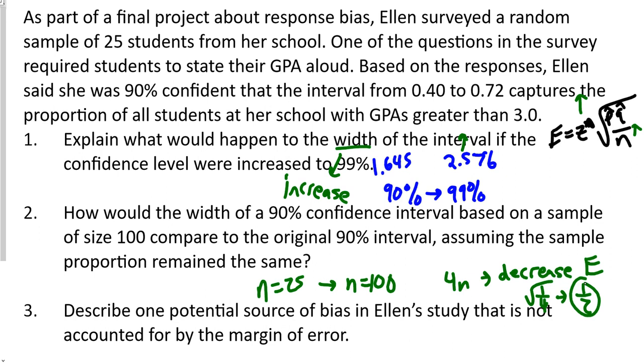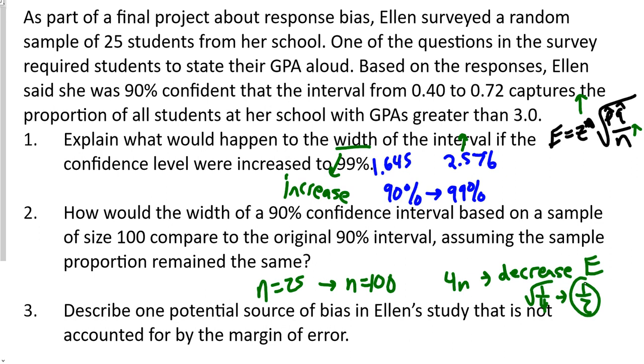Finally, last question. Describe one potential source of bias in Ellen's study that is not accounted for by the margin of error. And this is good to think about. If you read through the question again, she's asking the students to state their GPA out loud.